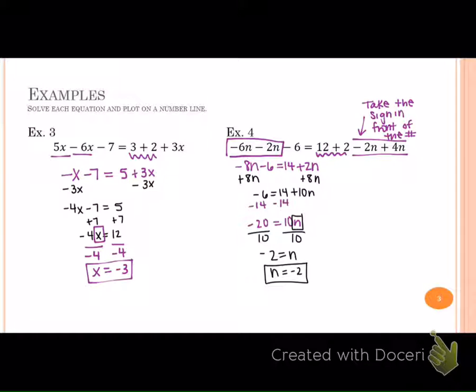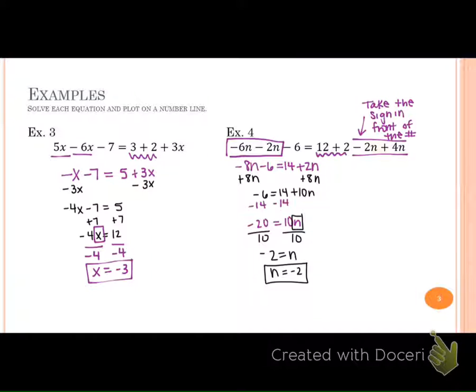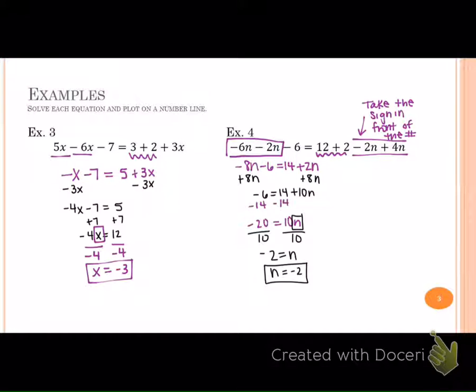Negative 5 minus 30. This is being added, so the inverse of addition is subtract. You should subtract it there, so I get 3 minus 12. You have negative 35.